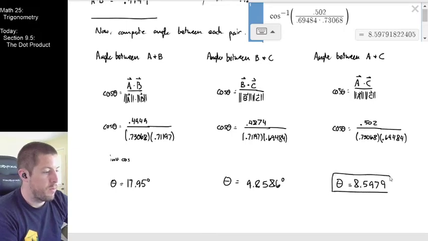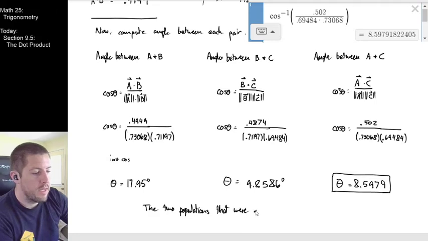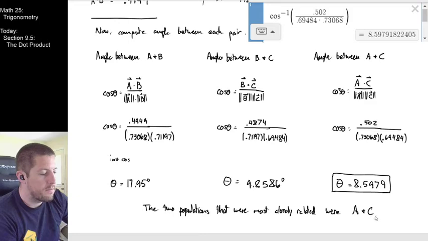And so from this, what we can conclude is it looks like the two populations that were most closely related were A and C, right?